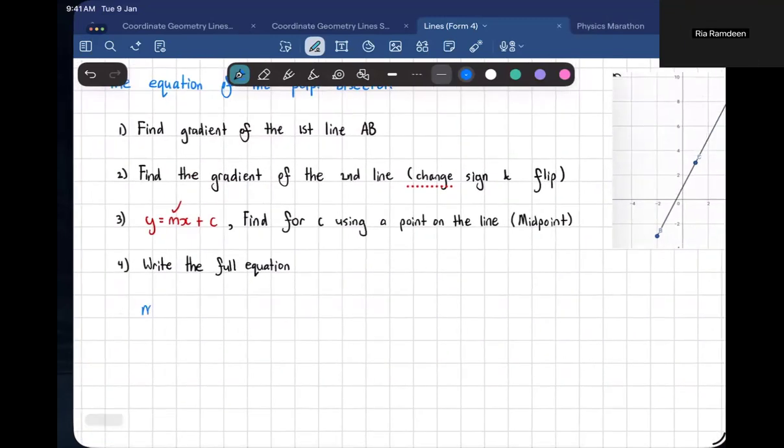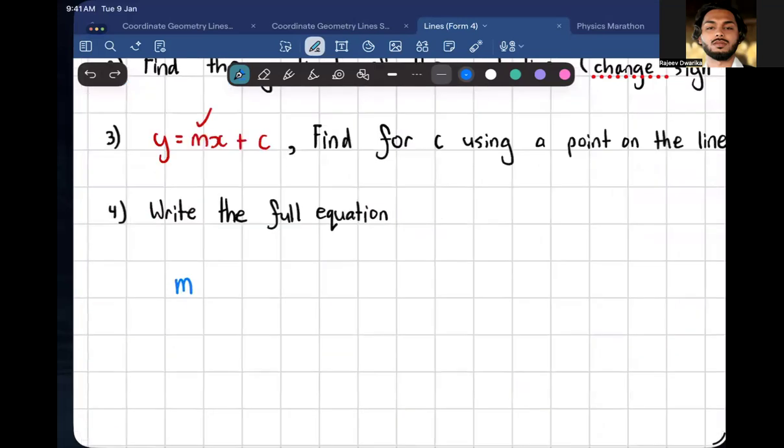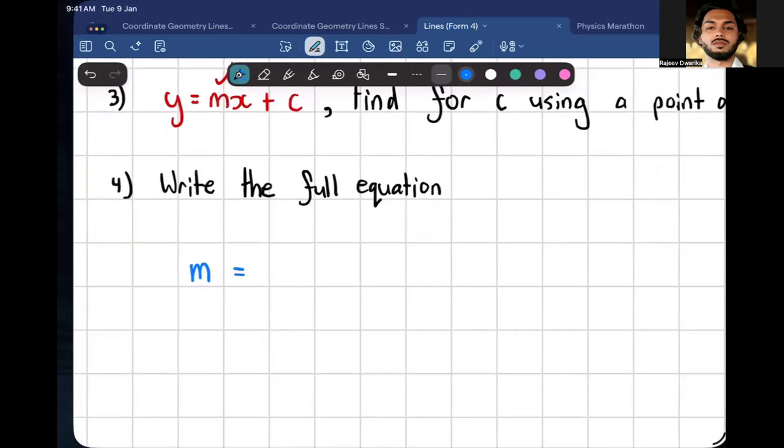All right, so let's find the gradient of line AB. So I could call that M1, the gradient of the first line. Before we continue, what's the gradient formula? Just tell me fast.